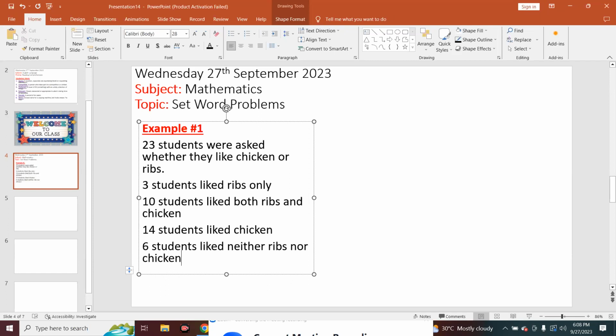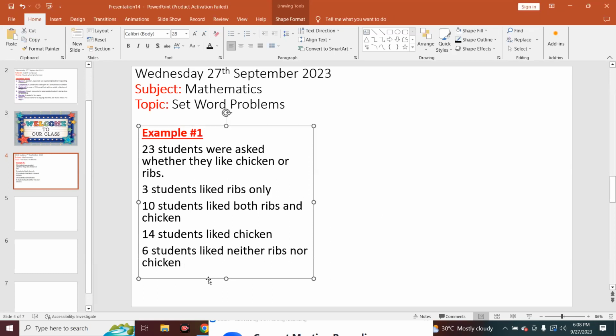But 6 students like neither ribs nor chicken. So we have persons who don't like ribs nor chicken. So that's a possibility. My question to Dion is, how many students like ribs only? 3. 3, very good.